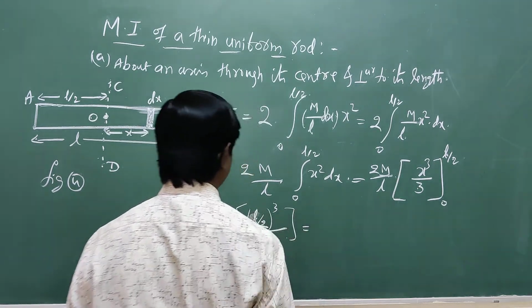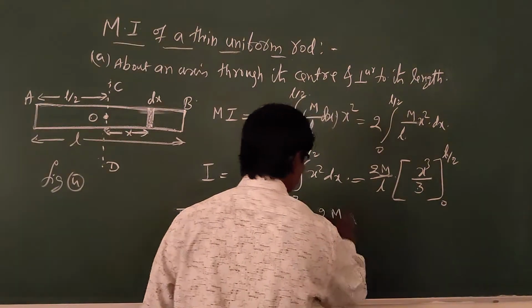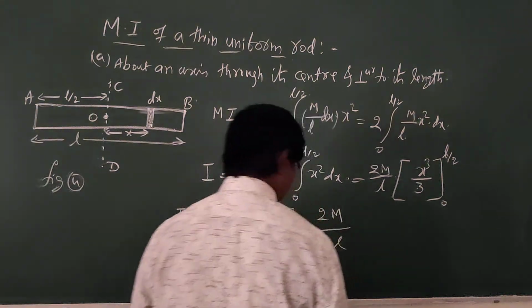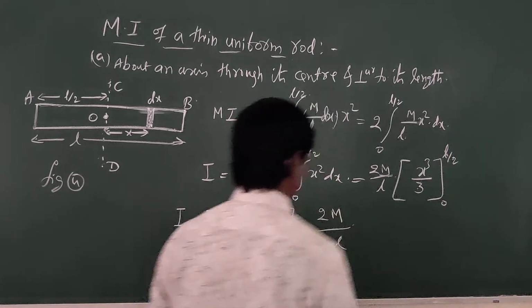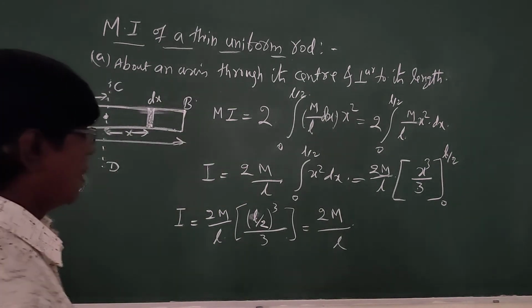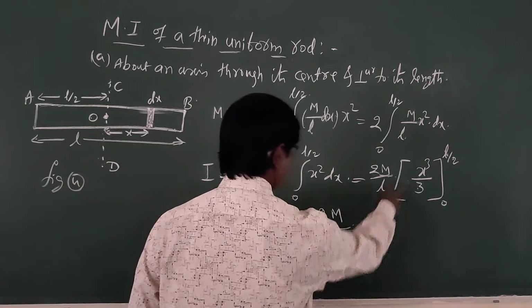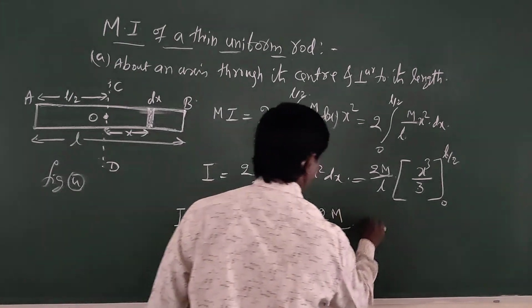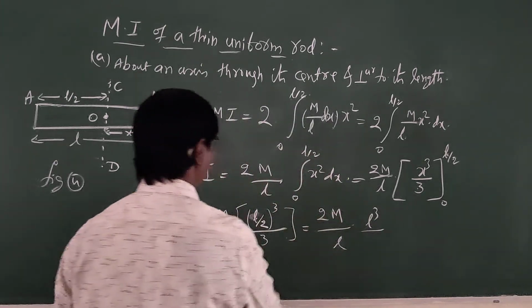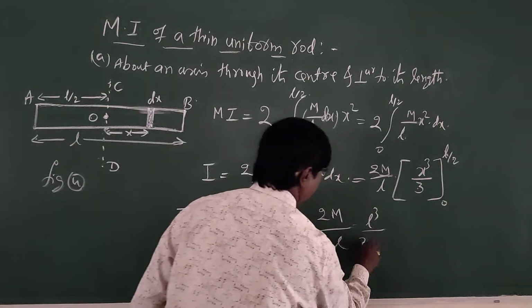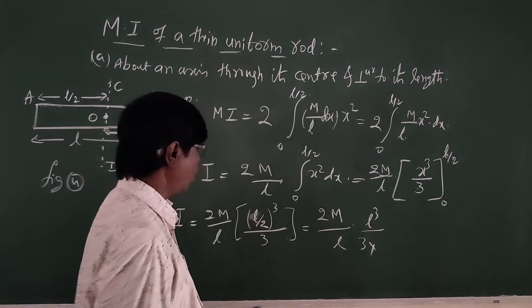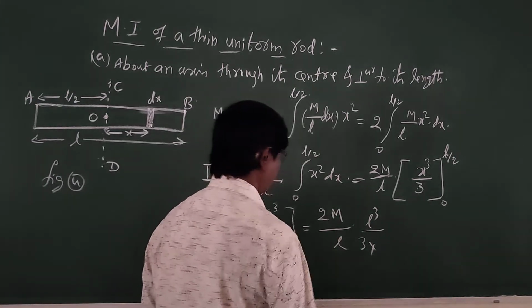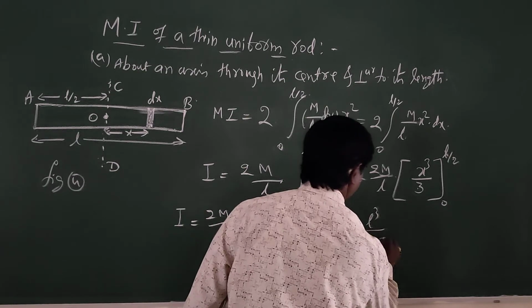Then what does it become? This becomes 2m divided by L. Then this is x cube, this is L cube divided by 2 cube into 3. 2 cube is 2 into 2 into 2, which is 8.